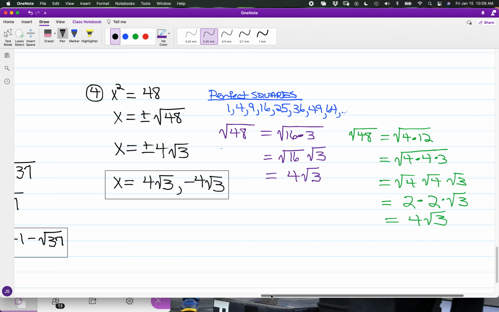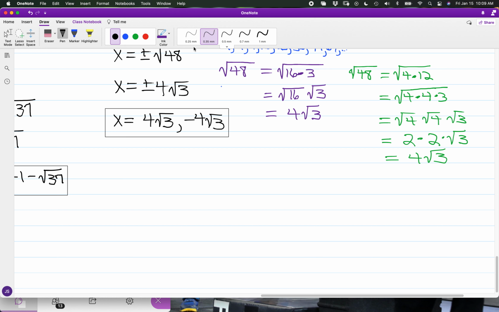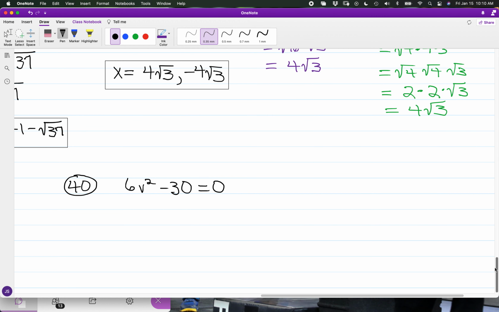Referencing the exercise set, in number 40, we have 6v squared minus 30 is equal to 0. Now for this equation, you could factor out 6, you could divide the equation by 6 right away, or you can do it later.